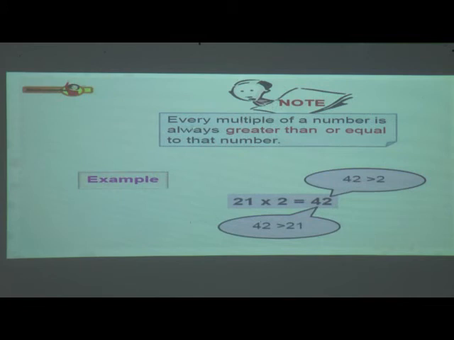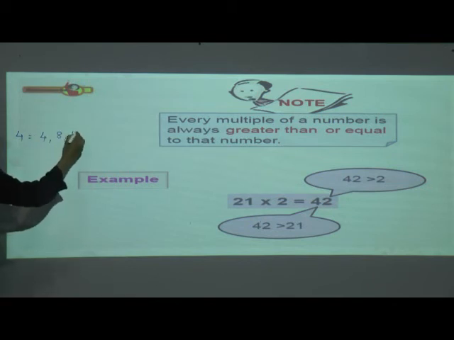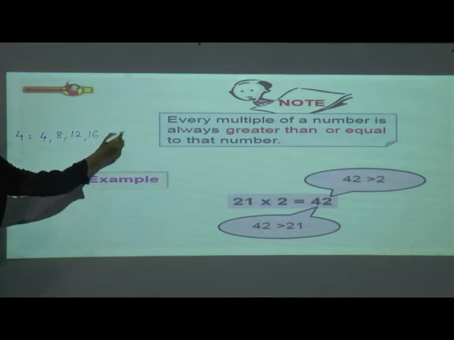Next, every multiple of a number is always greater than or equal to that number. For example, if we want to find the multiples of 4, the multiples of 4 are 4, 8, 12, 16 and so on.